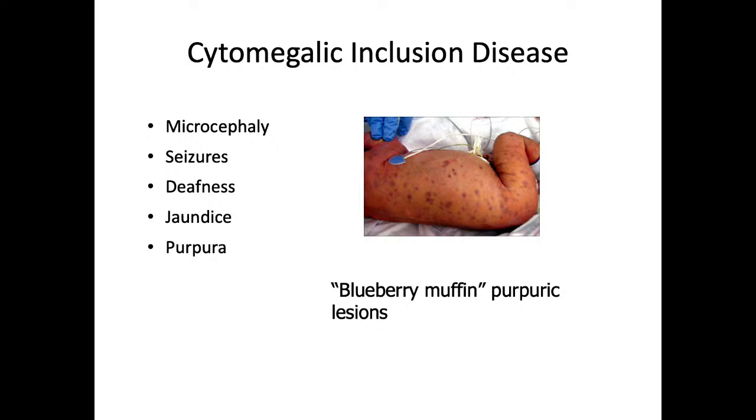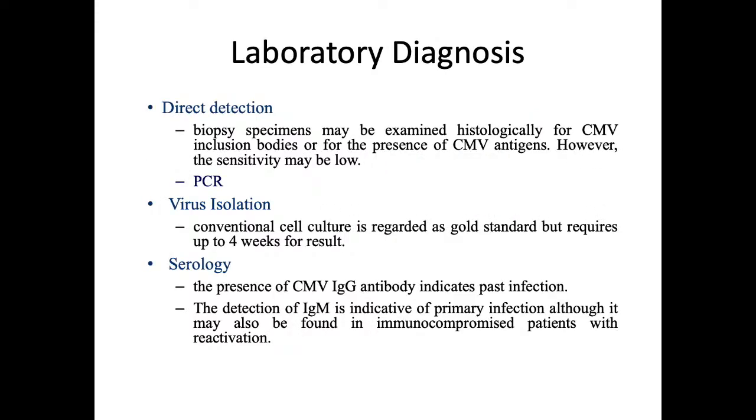Also microcephaly, seizures, deafness, jaundice, purpura. And of course, these congenital abnormalities and pathologies are seen more if the baby is infected in the first trimester, then the risk is decreasing. Yes, this is usually so with the viral congenital infections.